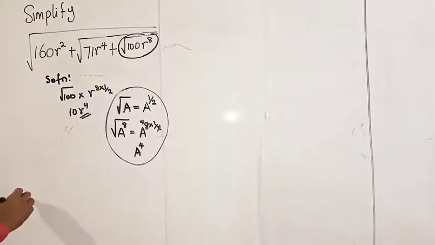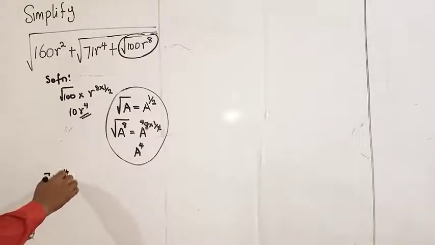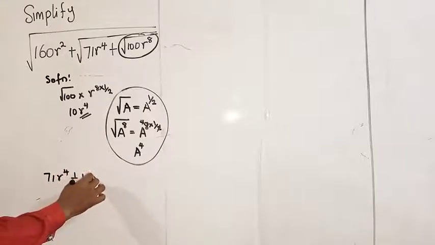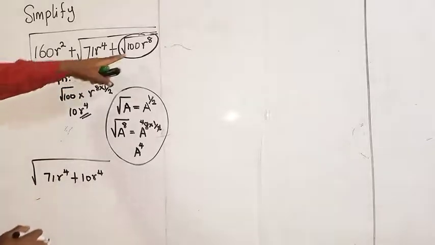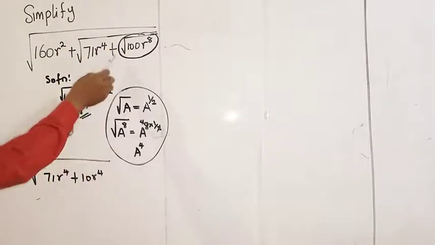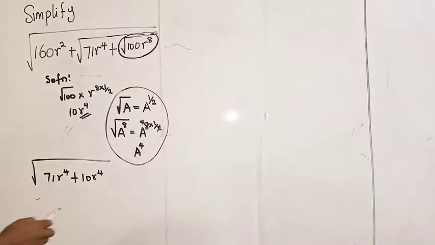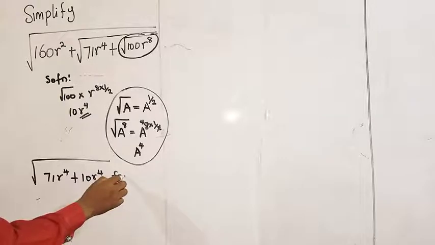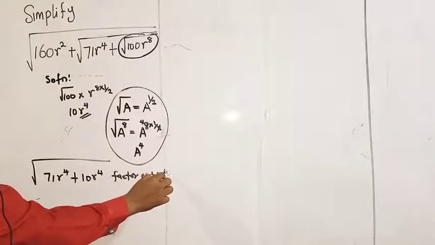So the question continues with, I will have 71r raised to the power 4 plus 10r raised to the power 4. Remember, I have dealt with this one to have 10r raised to the power 4. So this plus 10r raised to the power 4 plus this, I'm going to factor out r raised to the power 4.